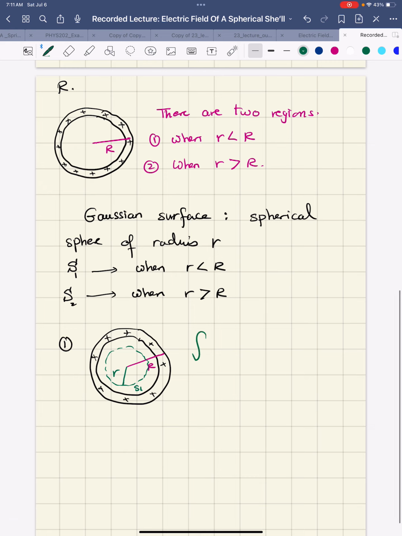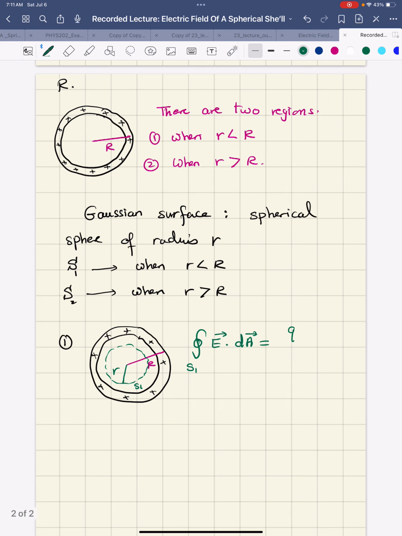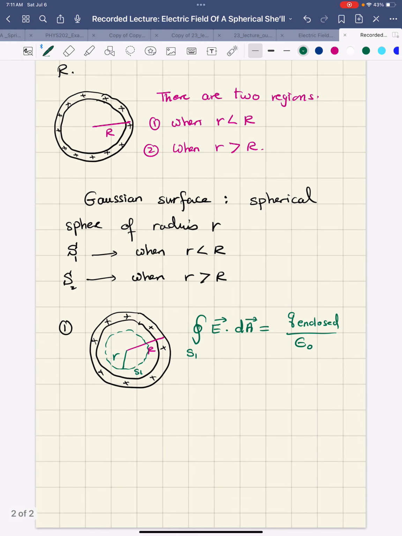Of course, Gauss's law over surface 1 is going to be the integral of E dot dA equals Q enclosed divided by epsilon 0.